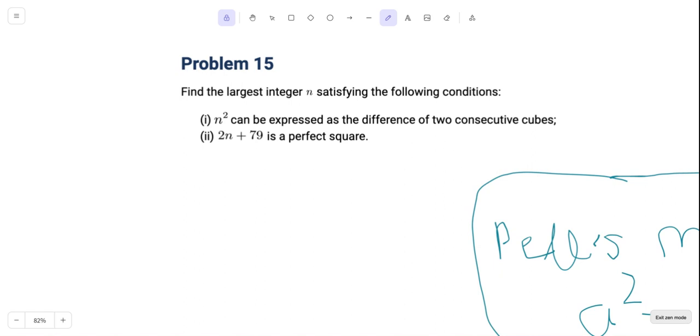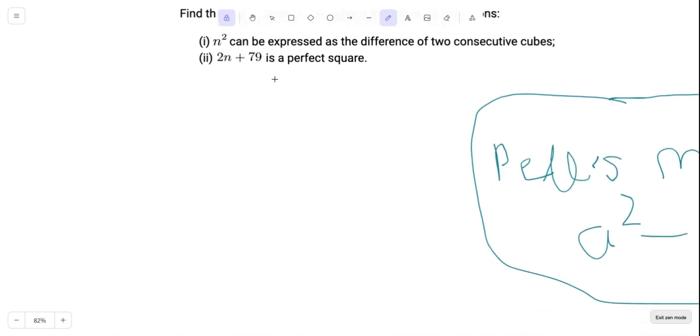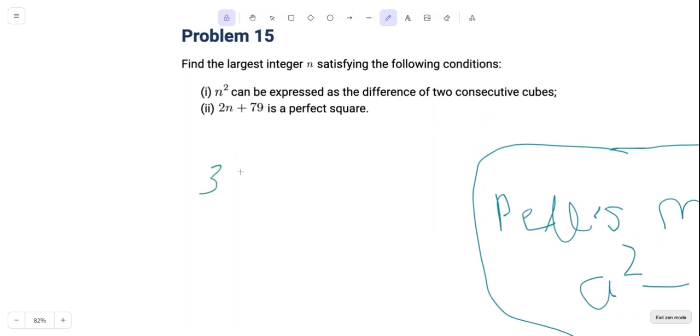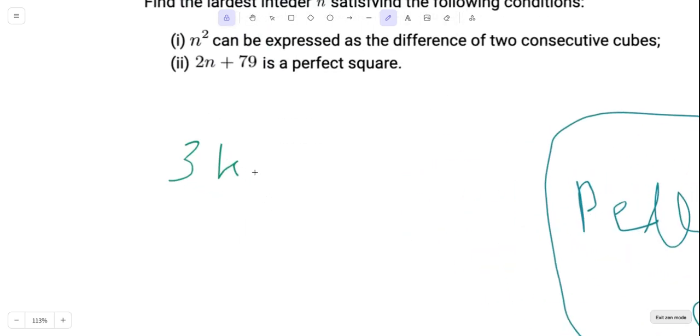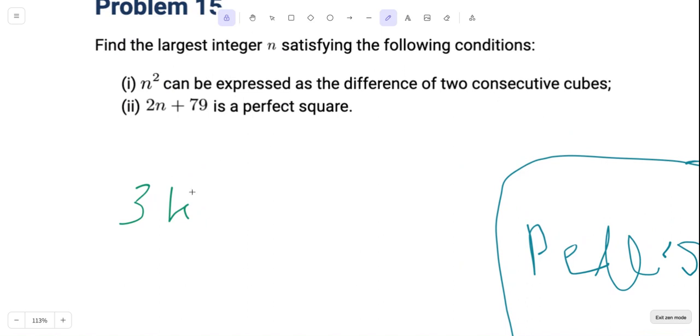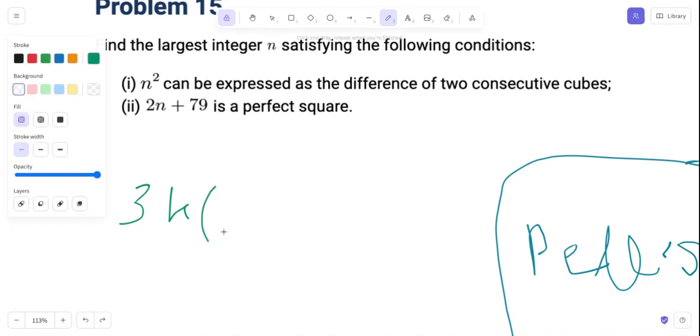So if you take the first condition, for some k, the cube of k plus 1 minus the cube of k can be expressed like this.